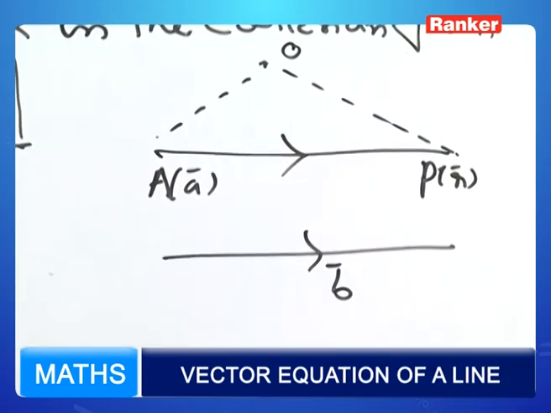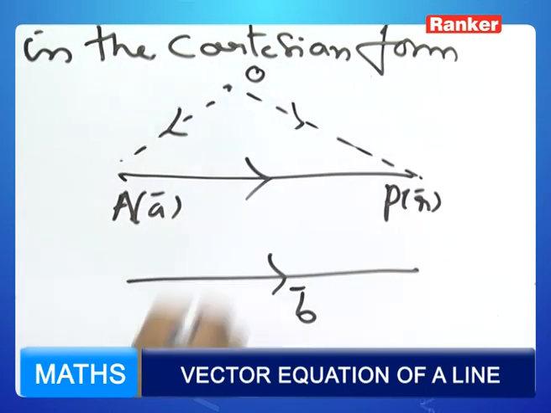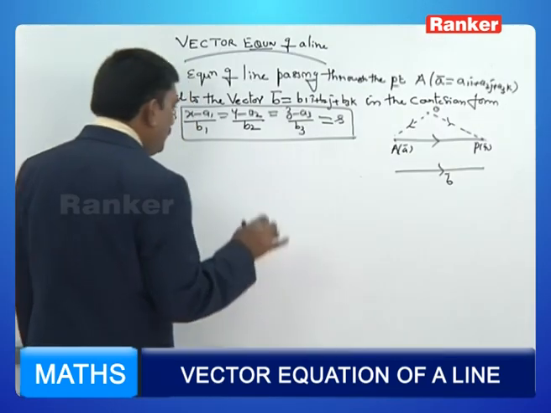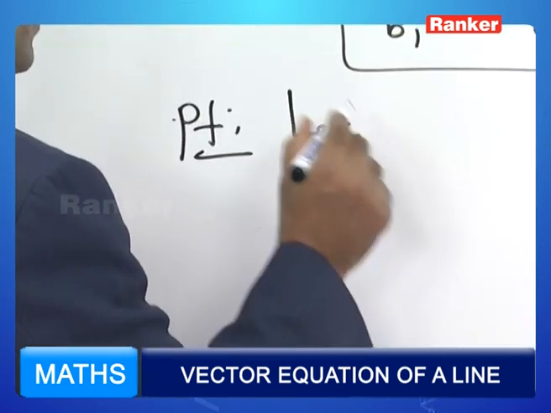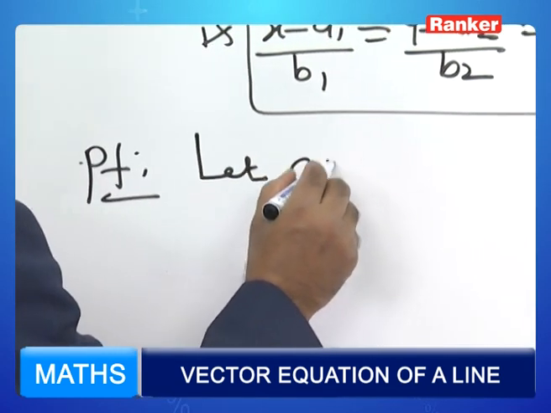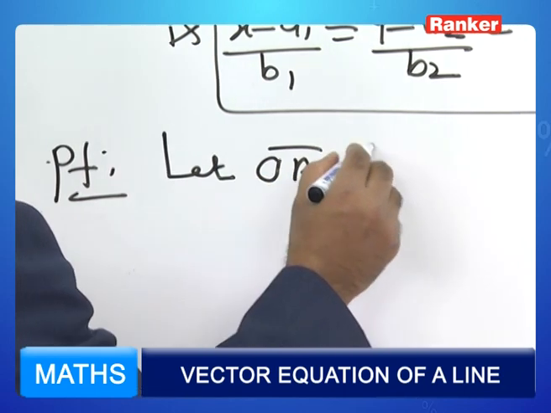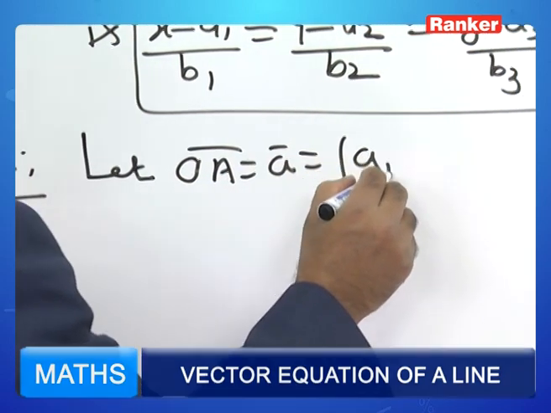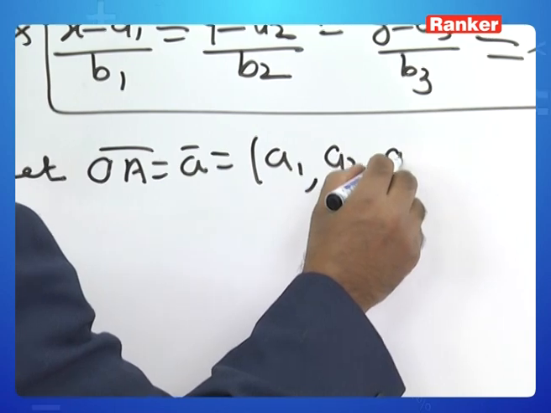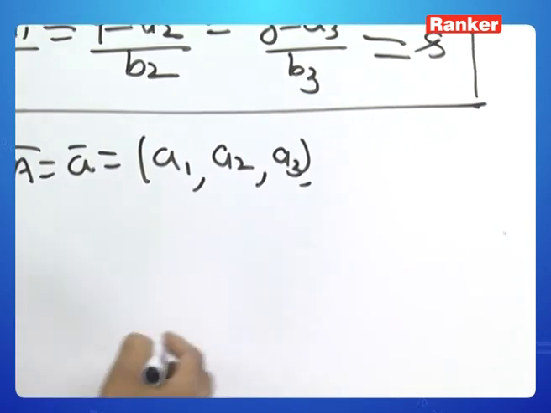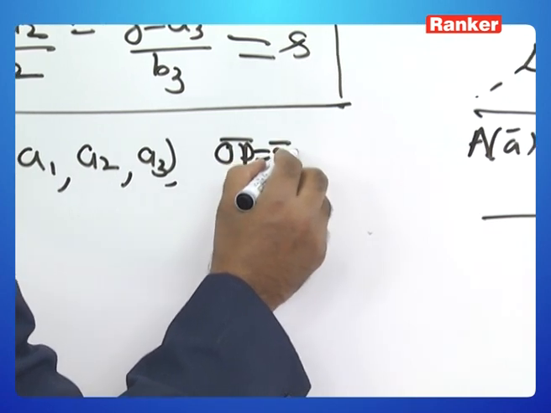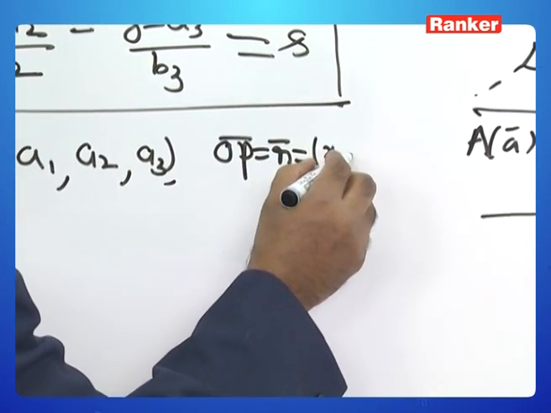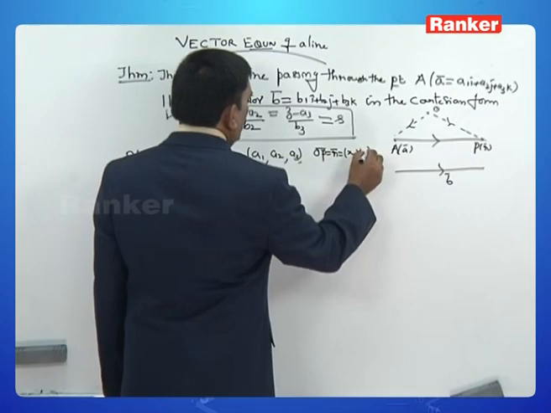This is OA bar, OP bar. B bar is a vector, no need to go with O. Let OA bar is equal to A bar is equal to A1, A2, A3. OP bar is equal to R bar is equal to xi plus yj plus zk.